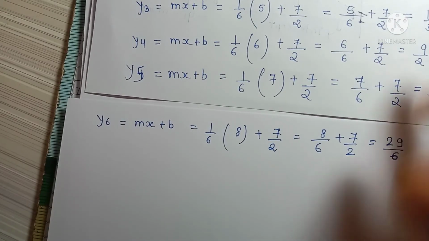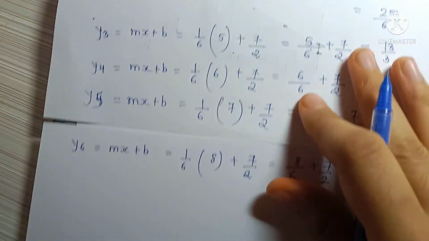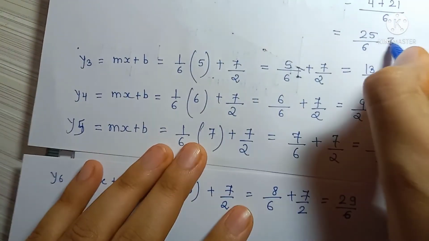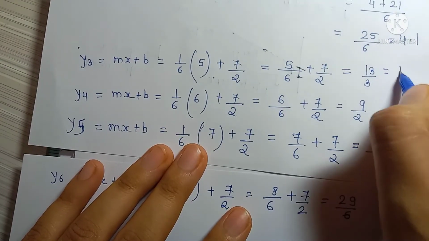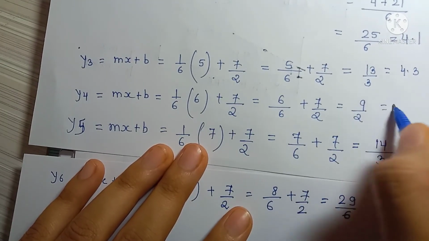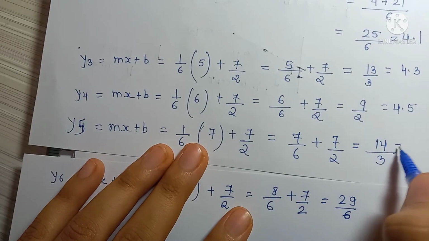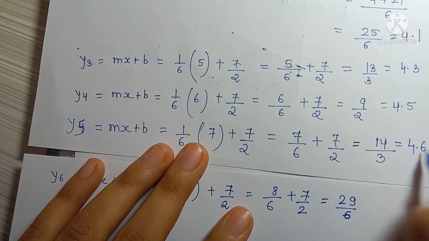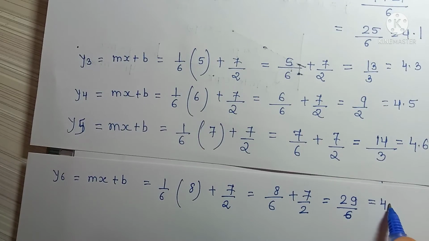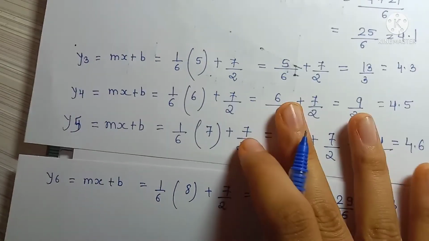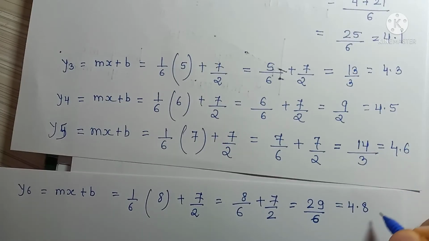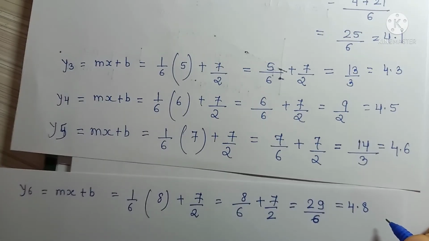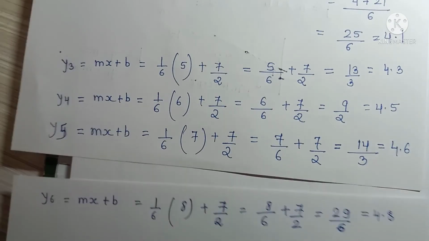Now you have to solve these answers, just don't leave them as they are. 25 upon 6 is equal to 4.1, 13 upon 3 is equal to 4.3, this is equal to 4.5, this is equal to 4.6, and this is equal to 4.8. So are these the values of y? No, we cannot write them in decimal values because the computer doesn't accept decimals, so we have to round it off.